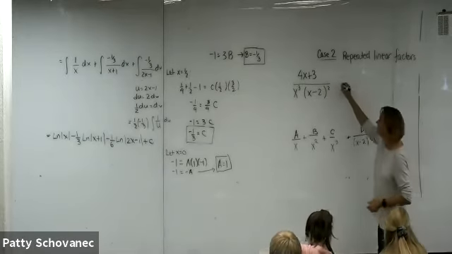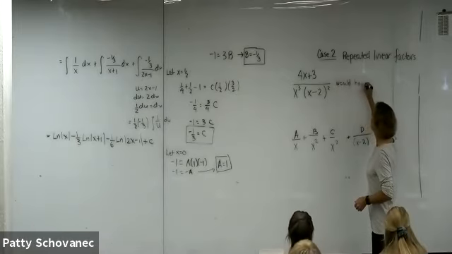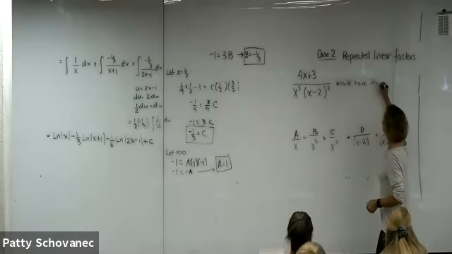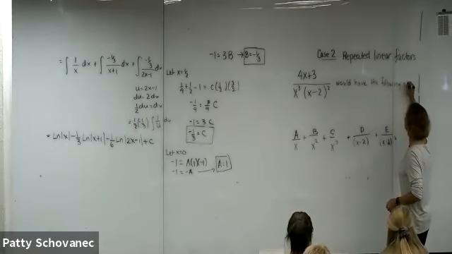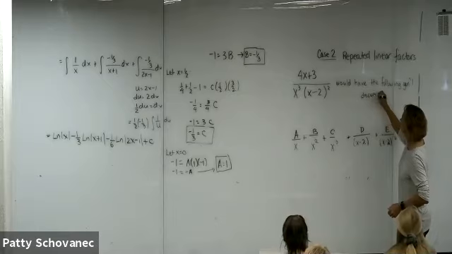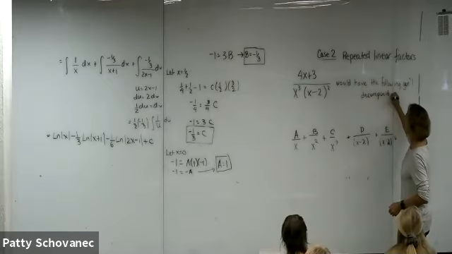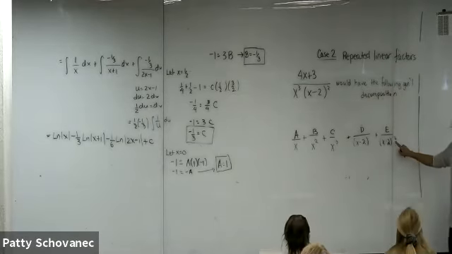So this would have the following general decomposition. Whatever power you have on the linear factor, you need to repeat fractions one power more each time with a constant on top.